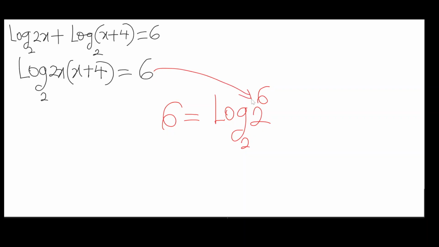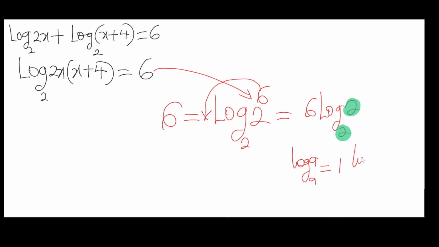Why? Because I can bring 6 back to this side to have 6 log 2 with base 2. And when we have the same base and the same argument, such a logarithm becomes 1. That is, when we have log a with a base of a, it is 1.